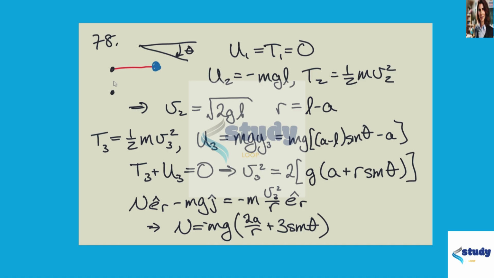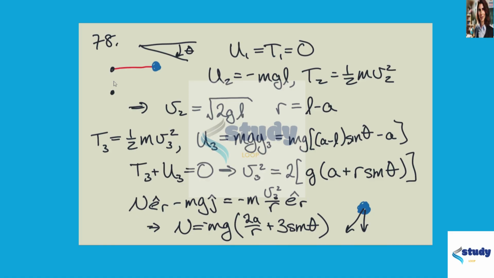Then we need to draw a free body diagram of the bob. We have the bob here, in the region where the tension or normal force is in this direction. Actually, I defined it as positive in the radial direction. We have the gravitational force.